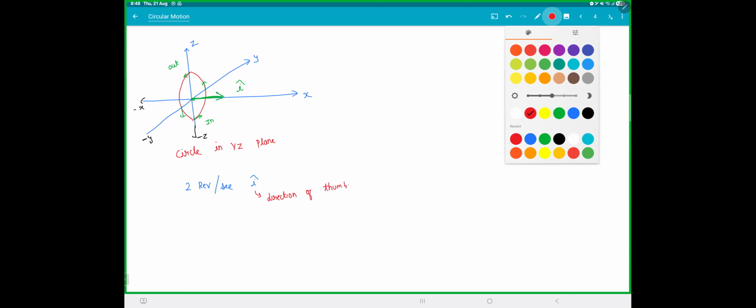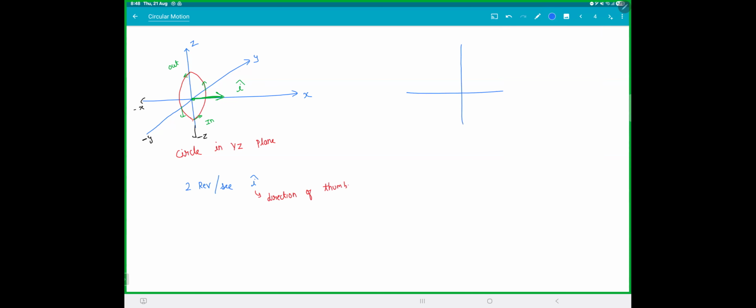Let's say if I take one more. You guys need to visualize this in your room. It will help. You should do that. What if it's rotating like this? So here it is going this way, here it is going this way, here, this way, and this way.